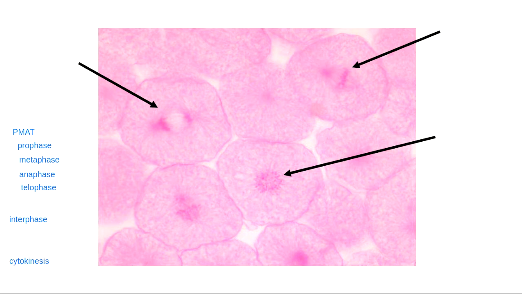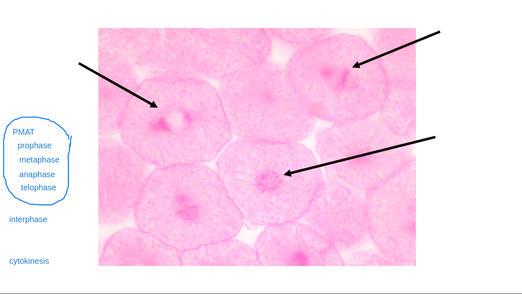I've said this before in our office hour sessions. If the wording on your question asks which phase of mitosis something occurs in, your only options are these right here. If I ask you about the phase of mitosis, the only parts of mitosis are PMAT.